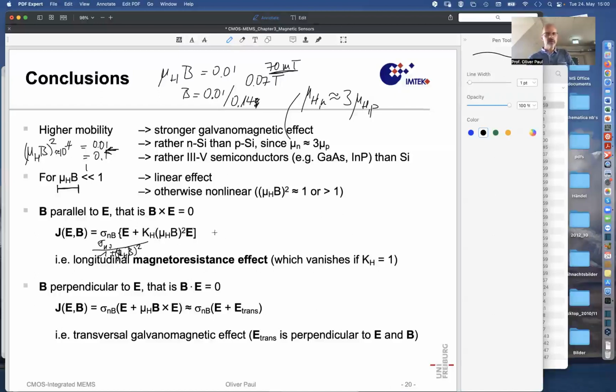You can extract E. So this looks like sigma NB times 1 plus mu HB square times E, and then this gets divided thanks to this term by the same denominator. And so in the case of K equals 1, we have J_EB equals sigma N0 times E.